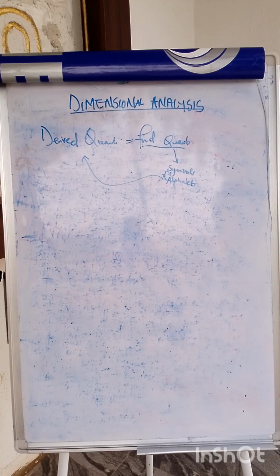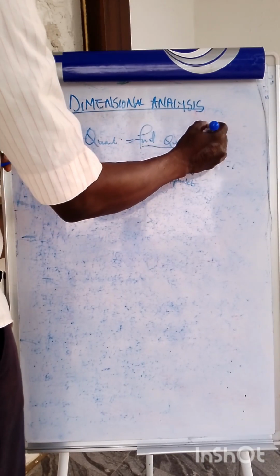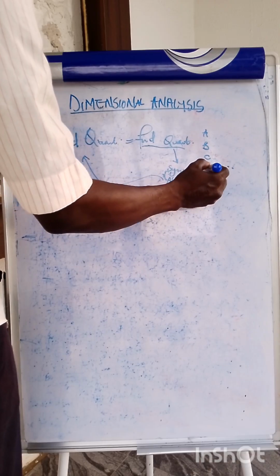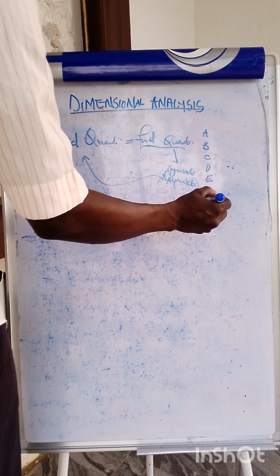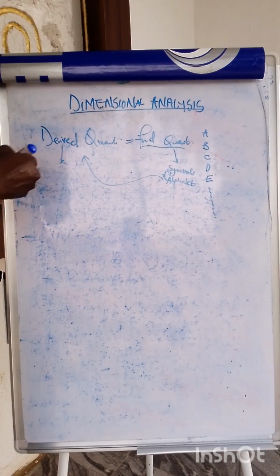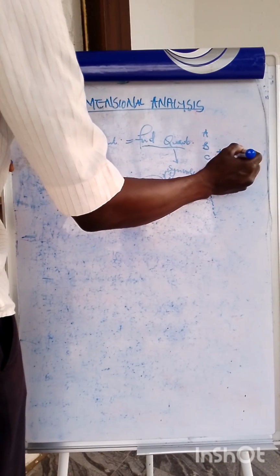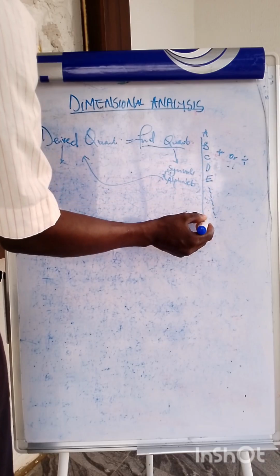Are you with me? So for example, if fundamental quantities are quantities A, B, C, D, E, and so on to Z, then the derived quantities will be obtained by multiplication or division of these fundamentals.